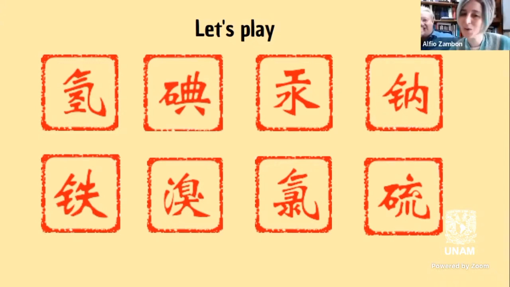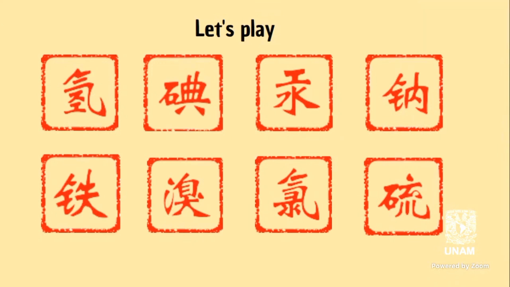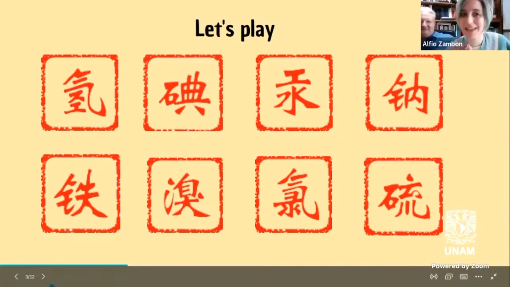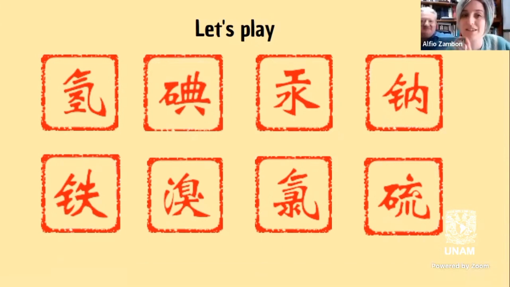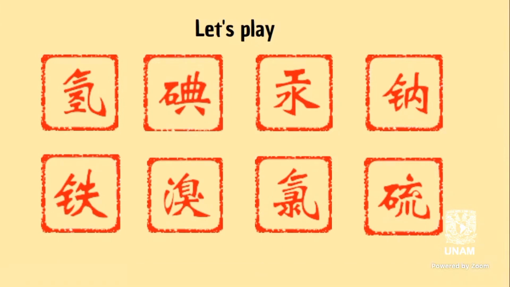Yes. Can you identify, give me the numbers in the first row and in the second row? No, at this moment, I can't do that. No, the name of the elements. In which characters did you identify? Okay.